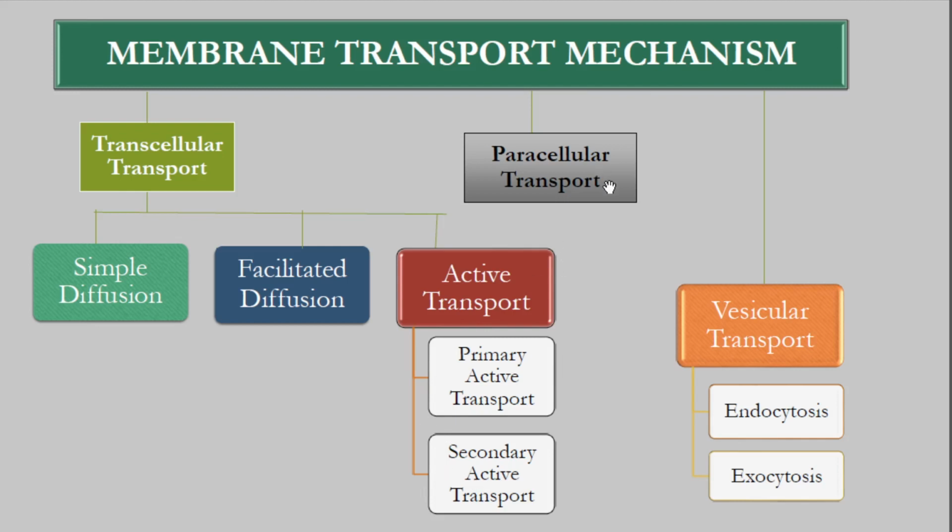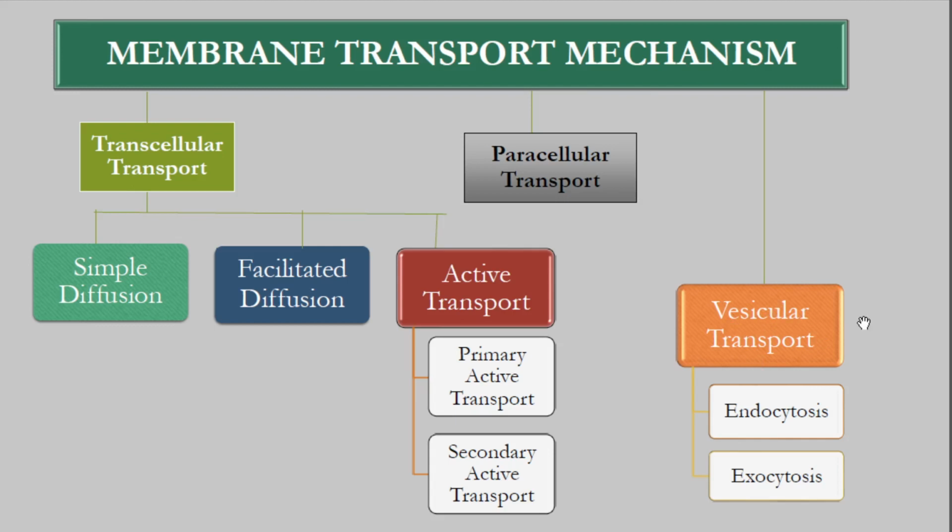The second type of transport is known as paracellular transport. In this transport, the molecule passes between the junctions of the GI epithelial cells. The last but not the least is vesicular transport.